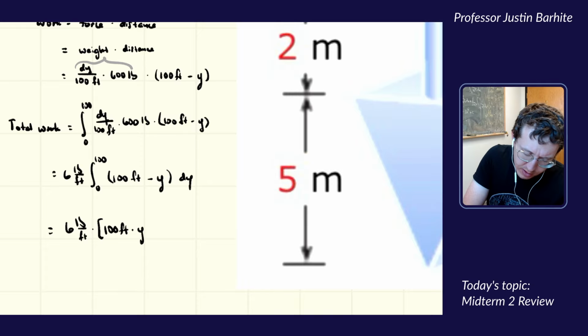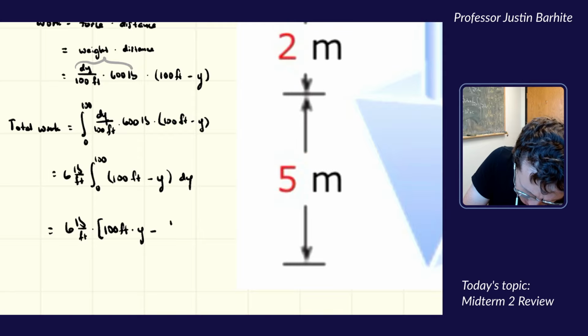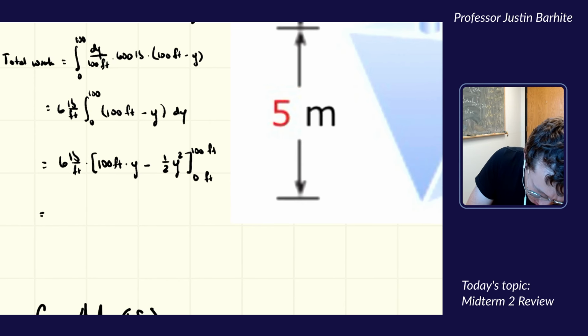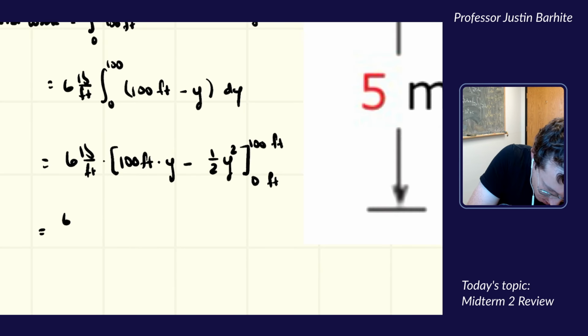An antiderivative of 100 minus y is going to be 100y minus 1/2 y squared. When I plug in 0, I do get 0.